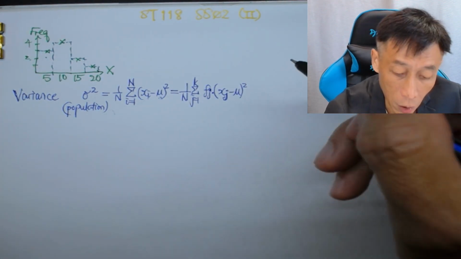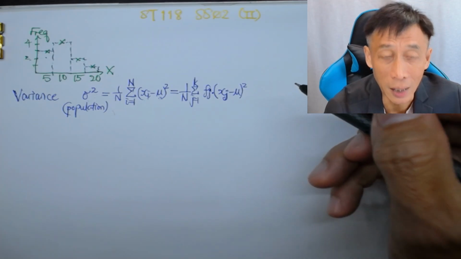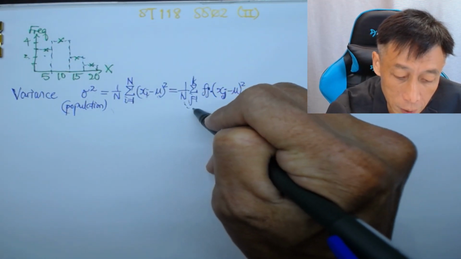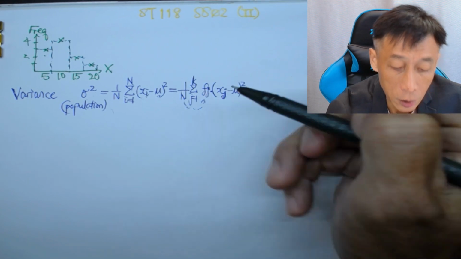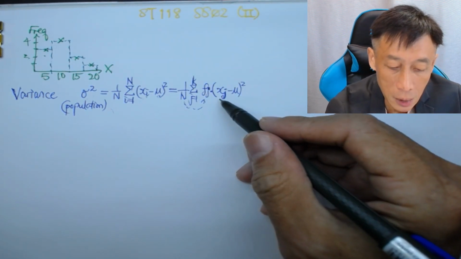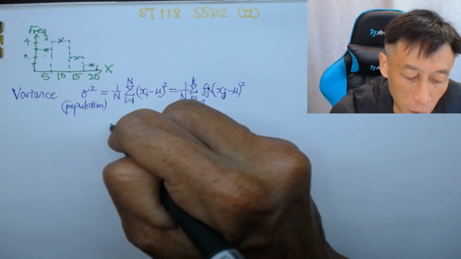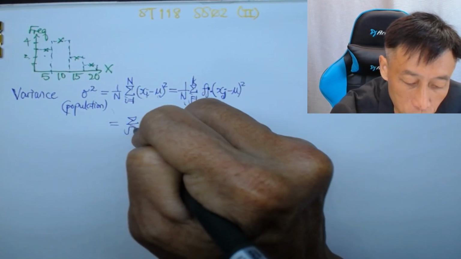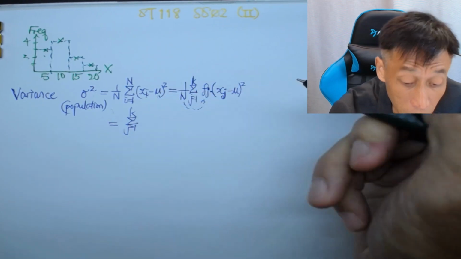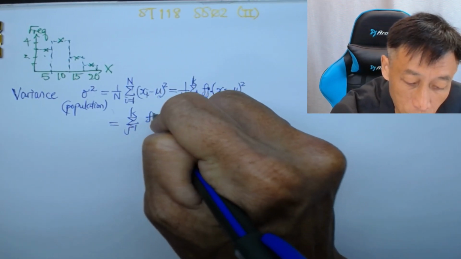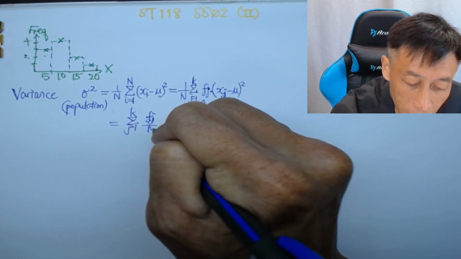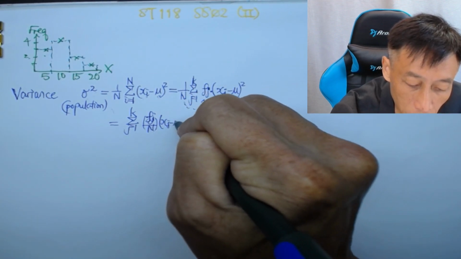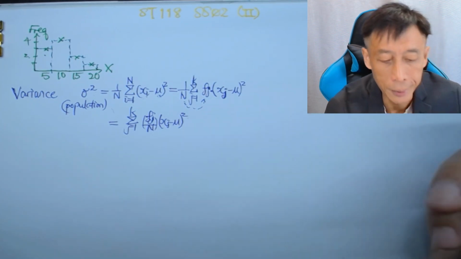Okay. And of course, just like before, if we move this inside so that we get relative frequency, then we can also say that this gives rise to the sum over j equals 1 to k bins, fj over n times (xj minus mu) squared.